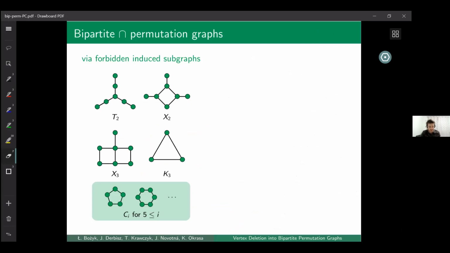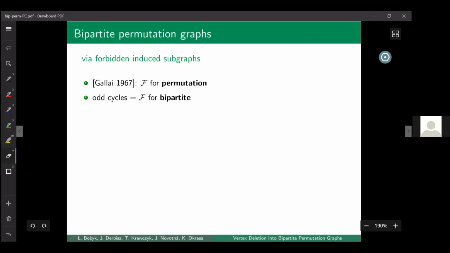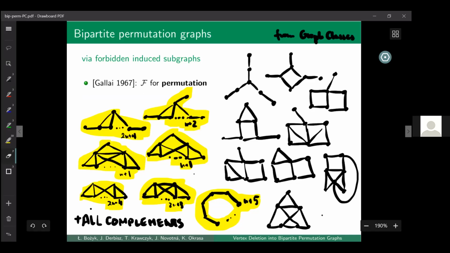Another question I can see. Can you please go back to the previous slide? Look at this particular obstruction, the first one, with 2n+4. What does this 2n+4 stand for?